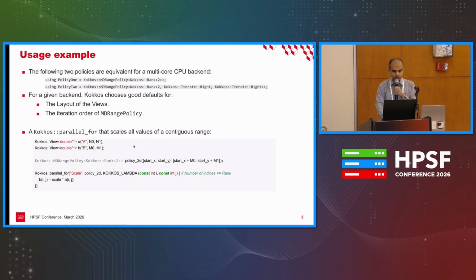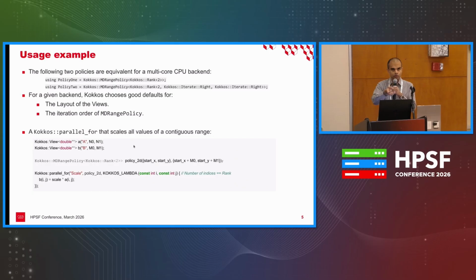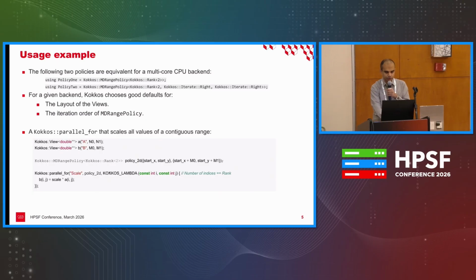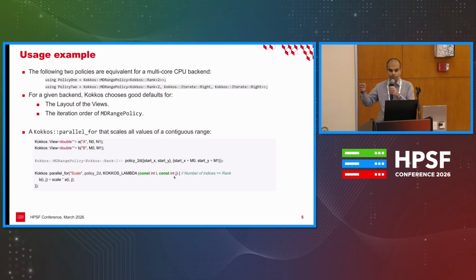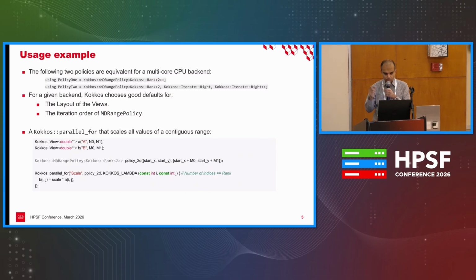As I already mentioned, Kokkos can set the layout by default for views. In this usage example, one thing you have to keep in mind is how you define the lambda. The number of indices should match the rank of the MD-range policy. So whatever computation happens inside is with respect to these indices that you call the lambda with.